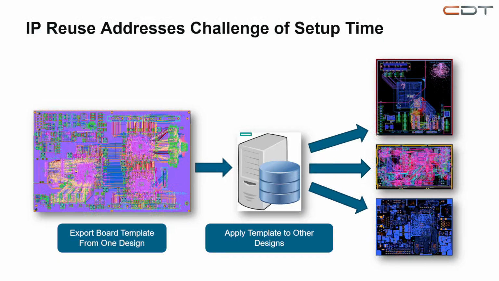We are either starting from scratch and building a template from the ground up, or exporting one from an existing design that is already set up well, and then applying this template to new designs that we create. So it already has certain clearances set up. It already has different interfaces. It already has different schemes for different BGAs, and as a designer you can just take what's relevant and leave the rest.